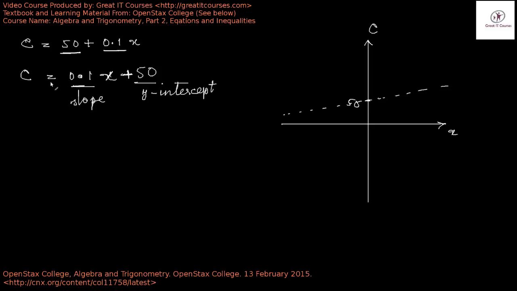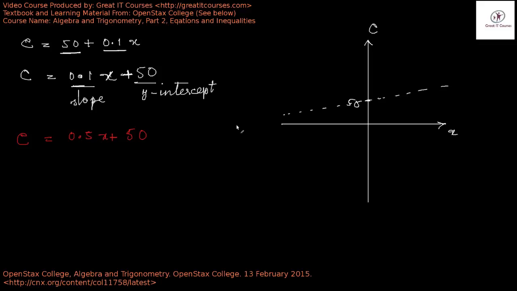You went to another car company, and the second car company told you, okay, we are going to charge you $50 as a fixed rate for the whole day, not going to change that, and then we are going to charge you, let's say, 50 cents per mile driven. So that would be 0.5x plus 50.